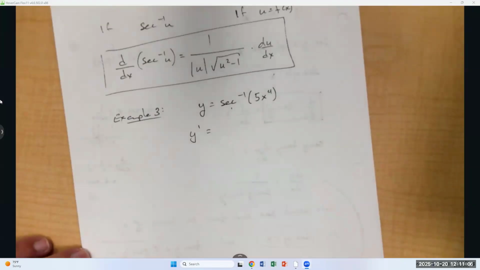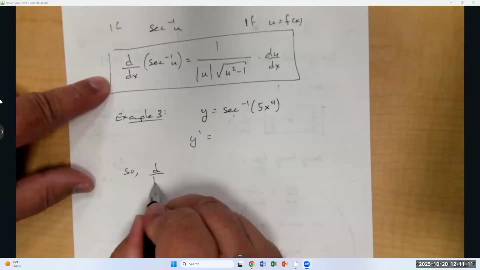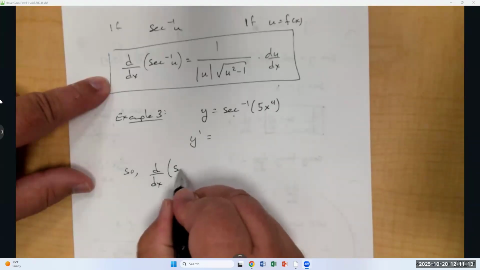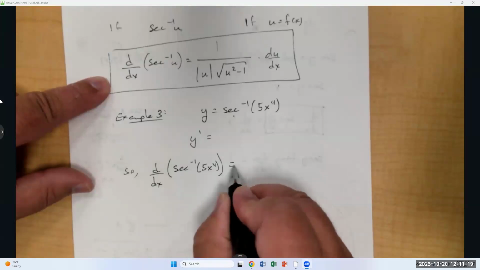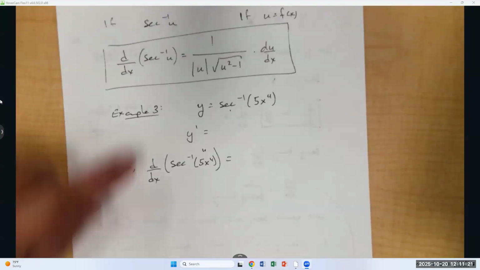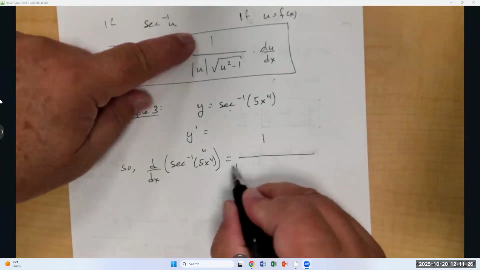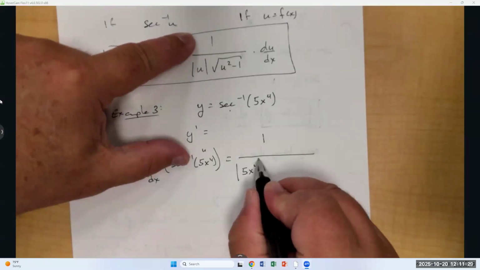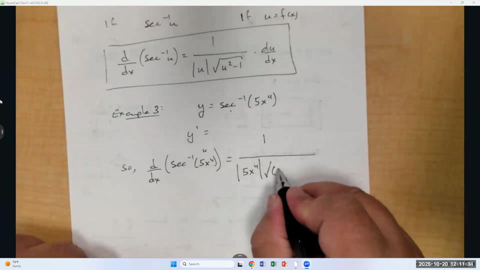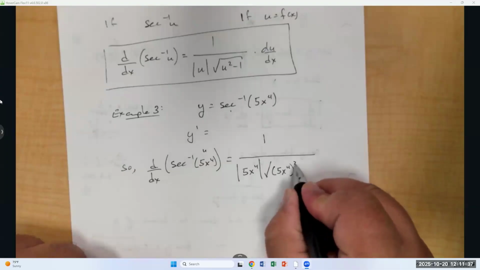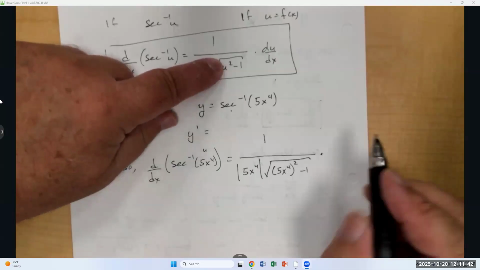The derivative: using this, we have d/dx of inverse secant of 5x to the fourth, where this is u, is equal to 1 over the absolute value of 5x to the fourth times the square root of (5x to the fourth) squared minus 1, times the derivative.